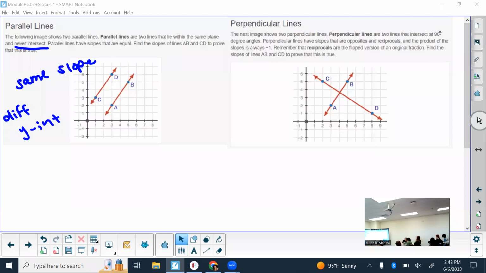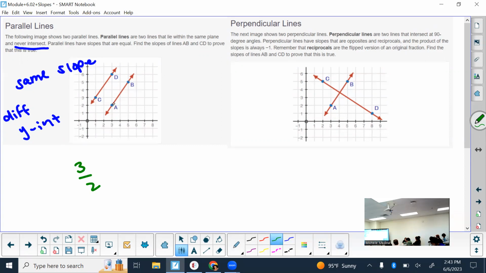Okay, Mark, what's the slope of line AB? So the parallel line. All right, anyone disagree with that?